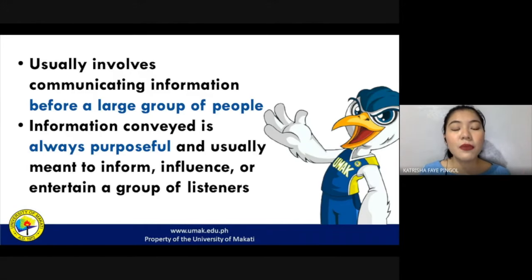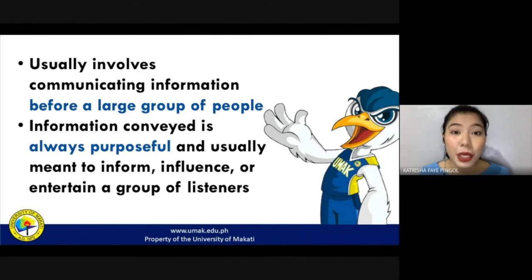Now, the thing that makes public speaking different from all the other speech contexts is that in public speaking, the information that is relayed to the listeners or to the audience is always purposeful. Meaning, it is usually meant to either inform, influence, or even entertain a group of listeners.